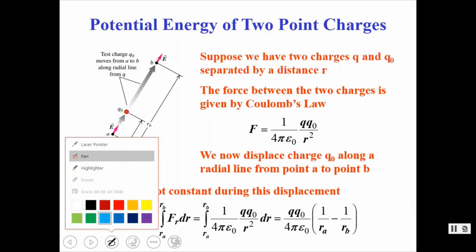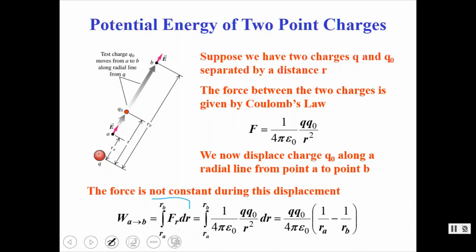So what we have going on here is just our definition of work going from A to B. We're using dr now just because dr is a good variable for the radius here. But you could call this dy or dx if it was in one of those coordinate systems. So you plug in the force here, and then you integrate. Everything's going to be constant except for the 1 over r squared.